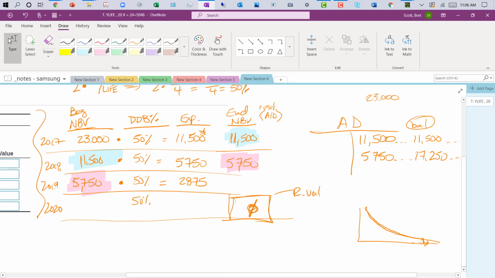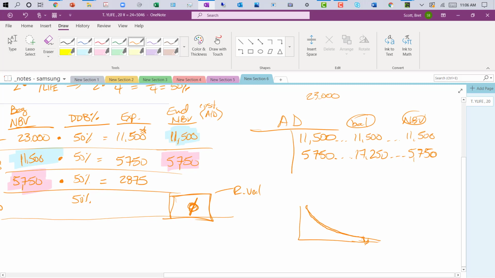When I do that, that's my journal entry. Debit depreciation expense 2,875. Credit accumulated depreciation 2,875. So what's that balance now? 20,125.